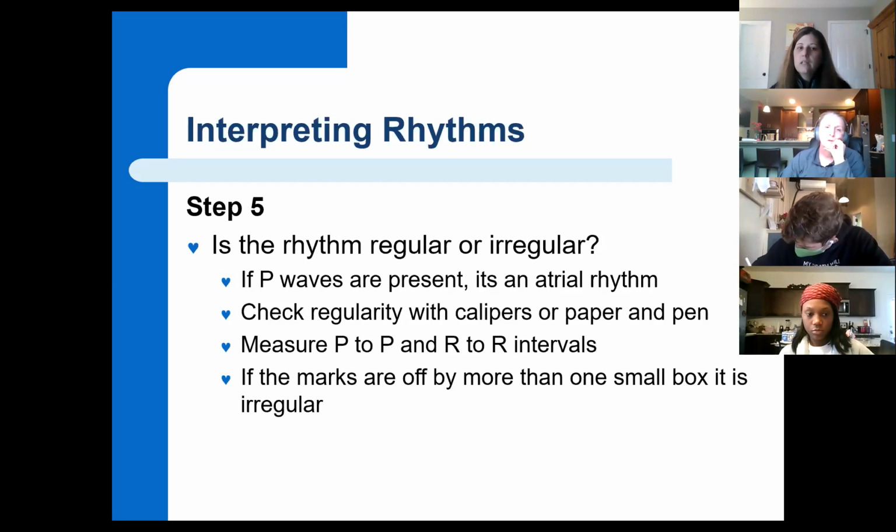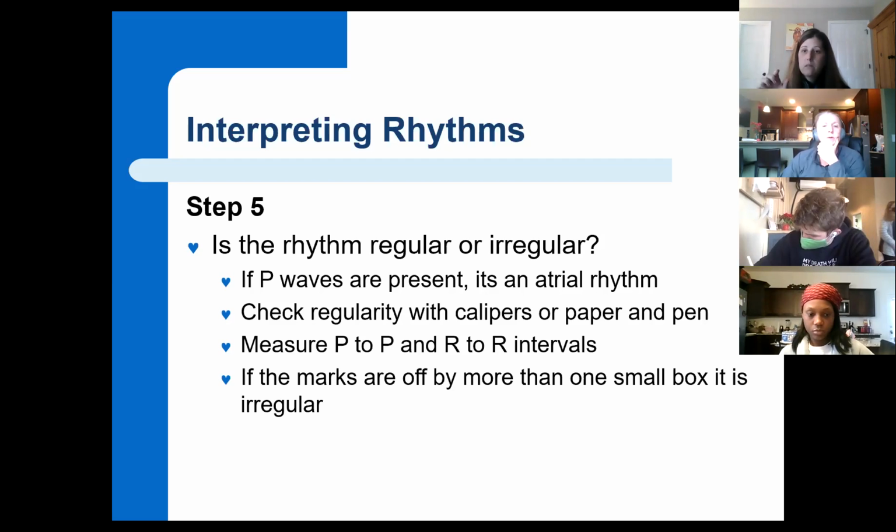But you would want to check and see, are things happening regular? You would measure the P to P and the R to R intervals, and hopefully they're regular, okay? But if the marks are off by more than one small box, it is irregular.